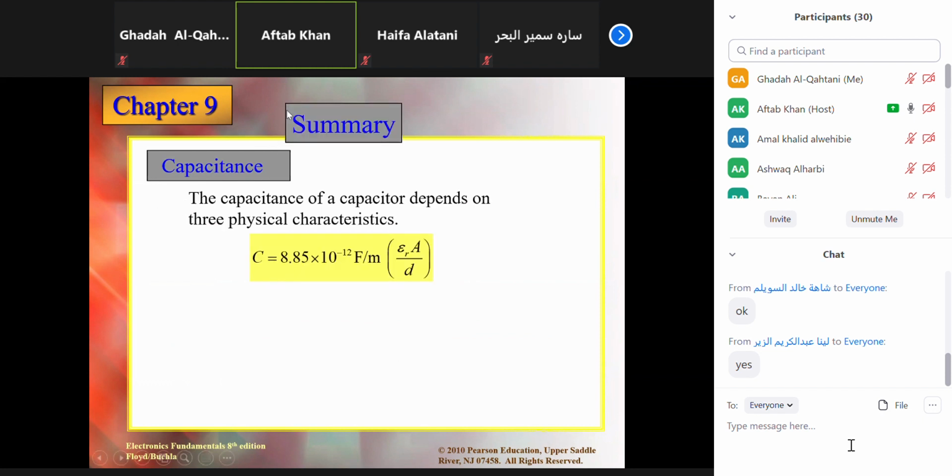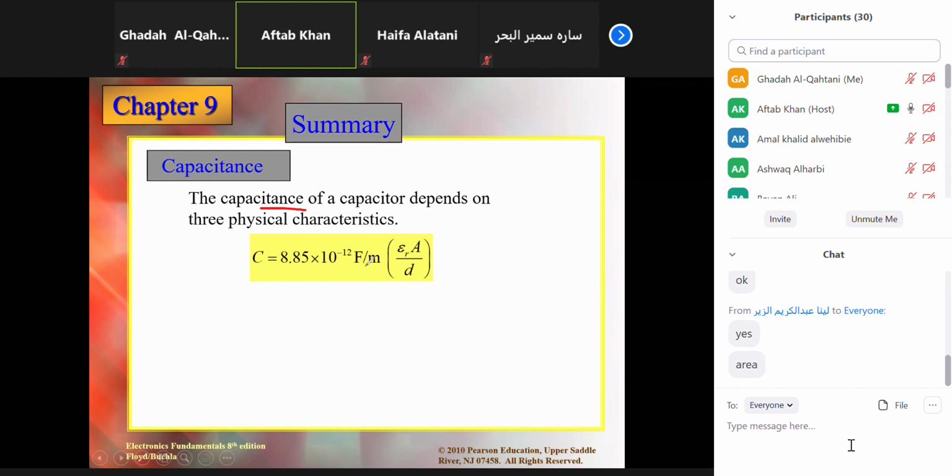The capacitance of a capacitor depends upon three physical characteristics. What are they? C is equal to 8.85 into 10 power minus 12 farad per meter, times epsilon R A over D. A is the area of the plates, D is the distance between the plates, and epsilon R is the relative permittivity of the dielectric which is filled between the plates.